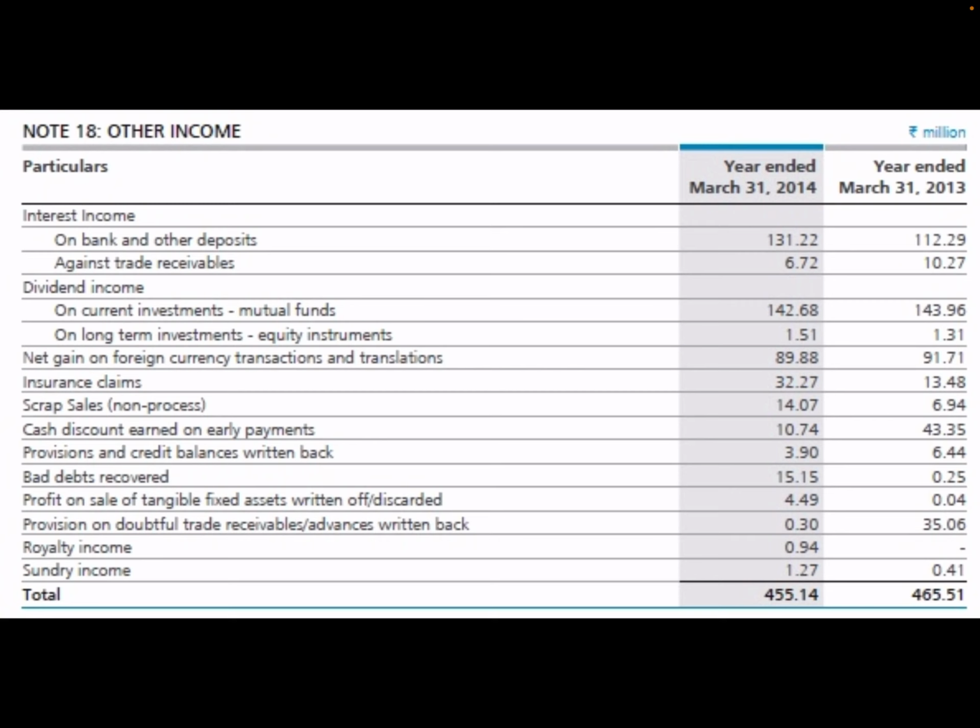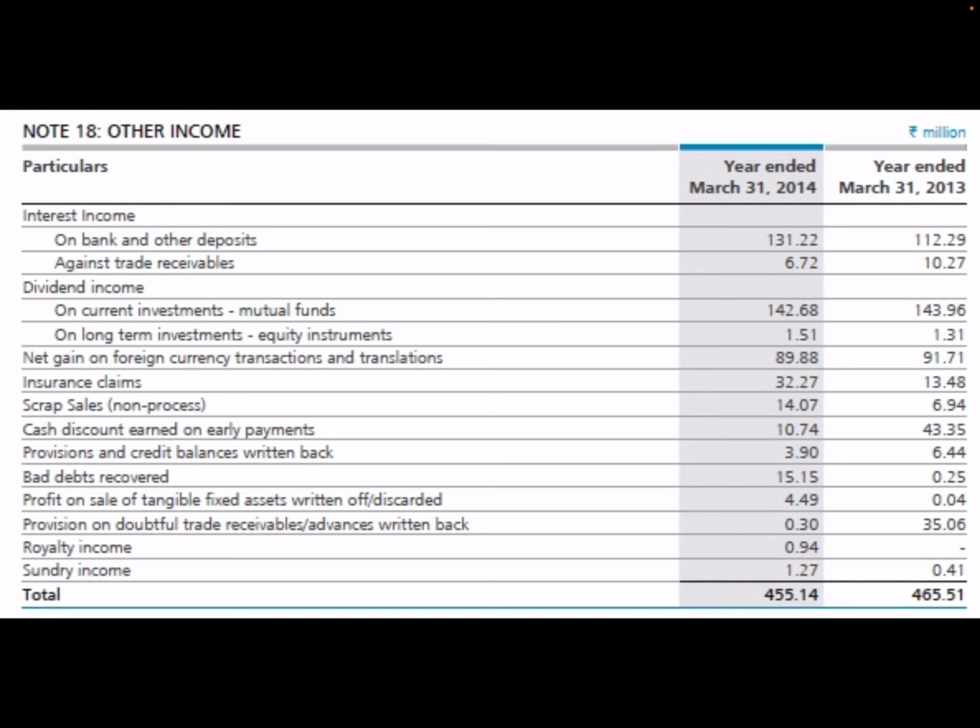So, adding up revenue from operations rupees 3436 crores and other income rupees 45 crores, we have the total revenue of rupees 3482 crores for the year 2014.